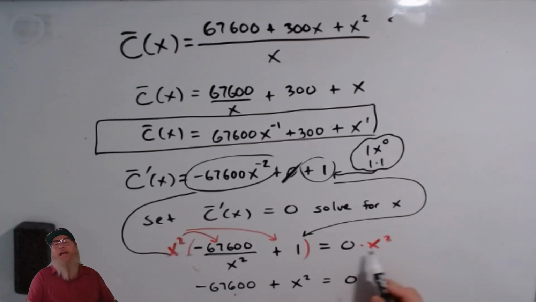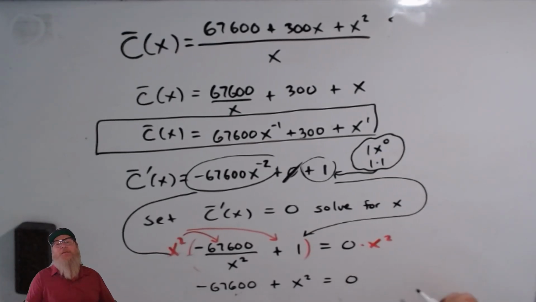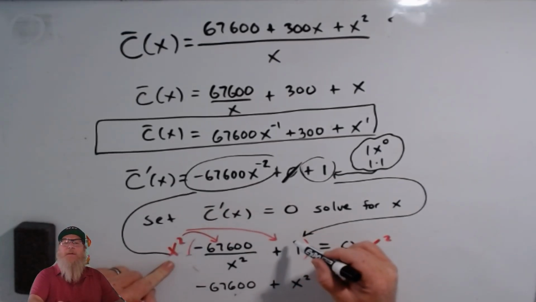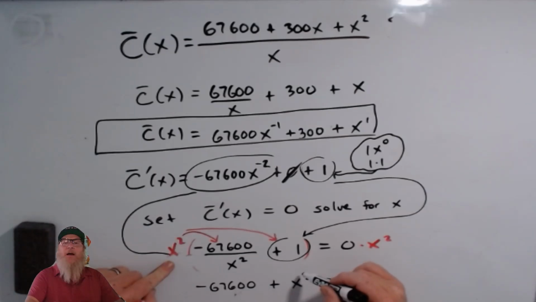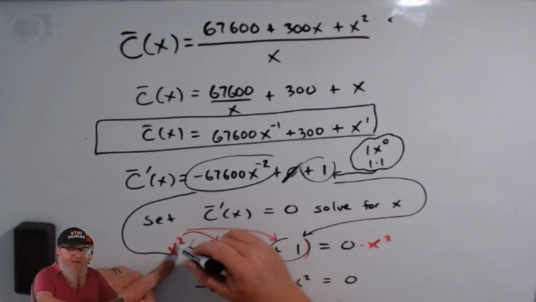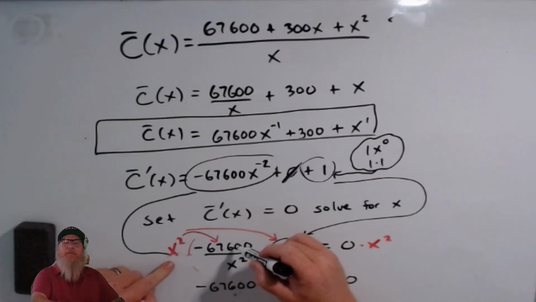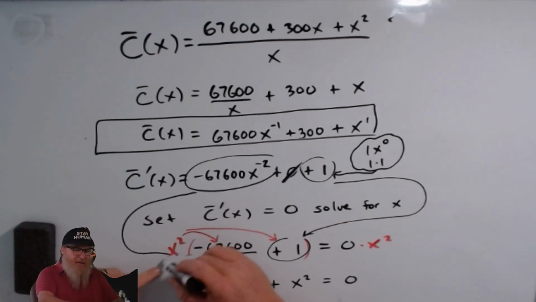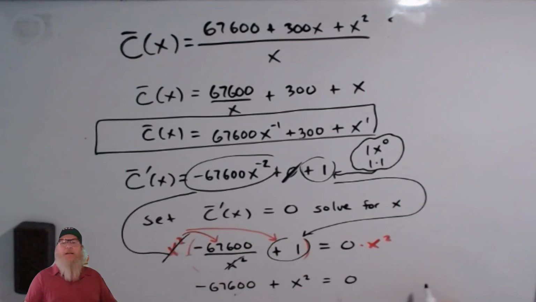Notice on the right-hand side, when you multiply by x squared, you just still get 0. But over here, you get x squared times 1, which is x squared. And then you get x squared times negative 67,600 over x squared. And so the x squareds will cancel, and you'll just get negative 67,600.